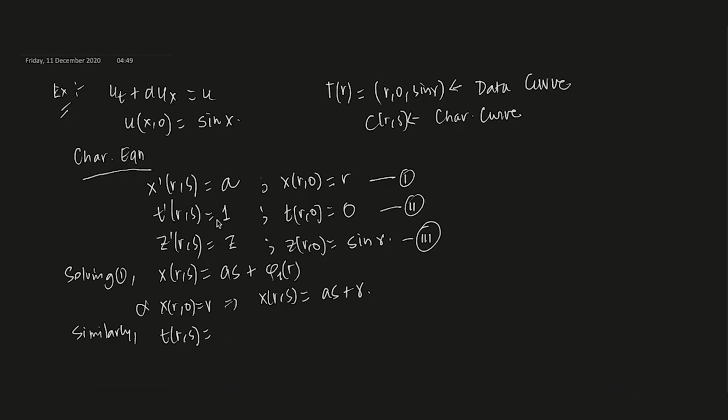T is constant, T is 1 along S. So T of Rs is S plus phi1 of R, and when you put this initial condition, it will only give you S. So T of Rs is S, okay, and Z prime of Rs is Z.